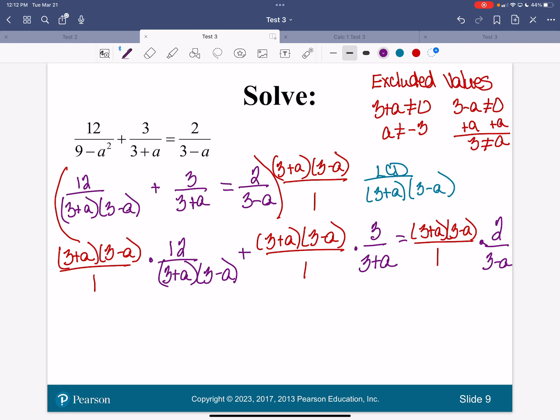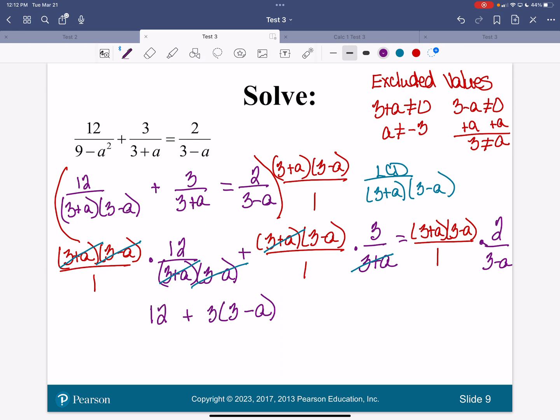And now we can cancel. I've got 3 plus a and 3 minus a, so I'm left with 12 right here. 3 plus a and 3 plus a cancel. I have to distribute that 3, so this is going to be 3 times 3 minus a.